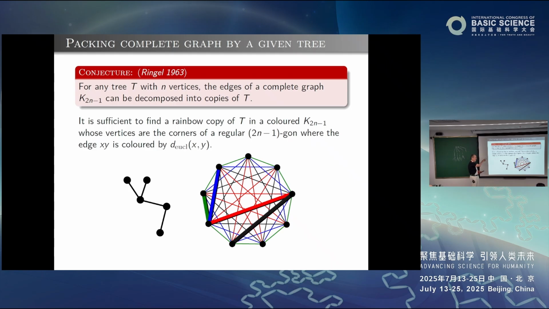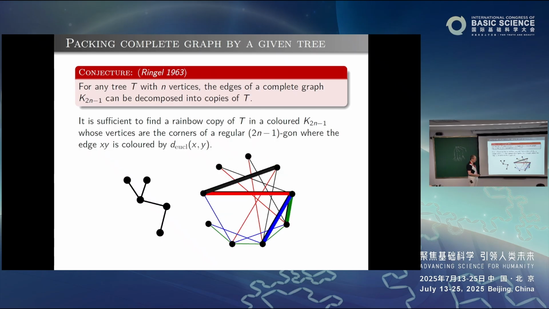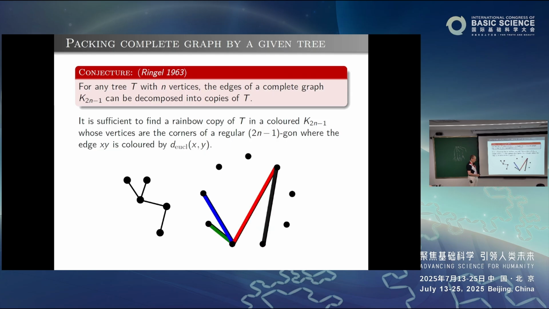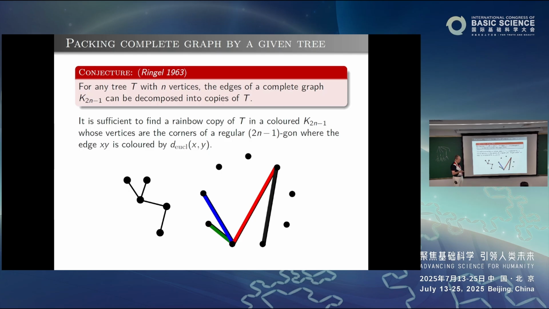So I will just take this tree and I will rotate it clockwise, right? And observe, so let's go back. Observe that, for example, this green edge, because of the way the coloring works, will move to a different green edge. So these copies of the tree would indeed be disjoint, and by rotating your tree along the cycle exactly 2n minus 1 times, as you need, you exhaust everything and get your decomposition, right?